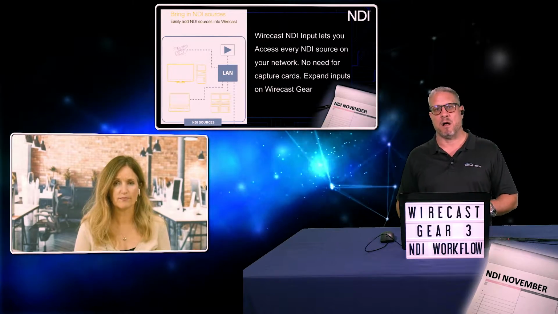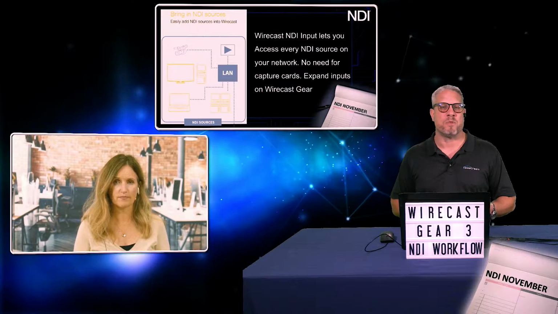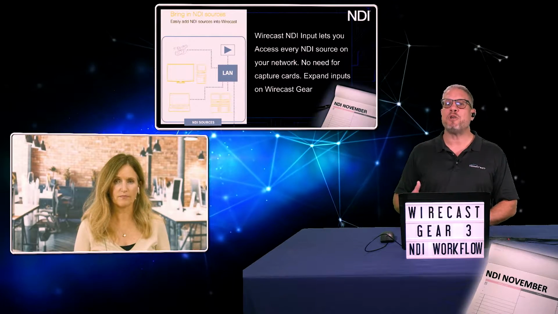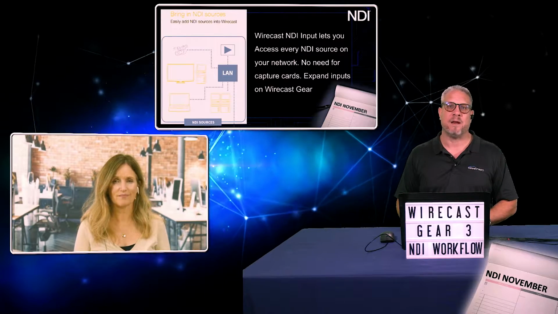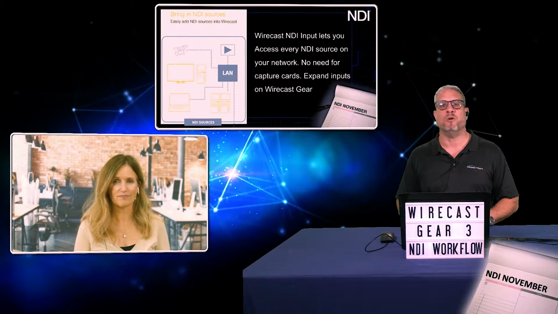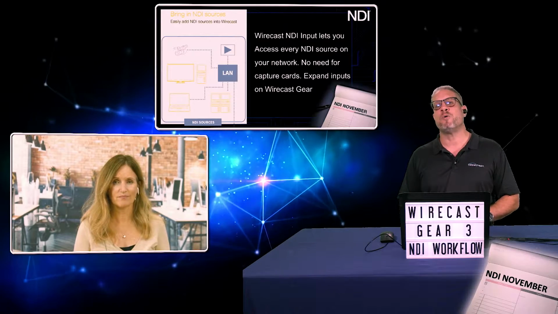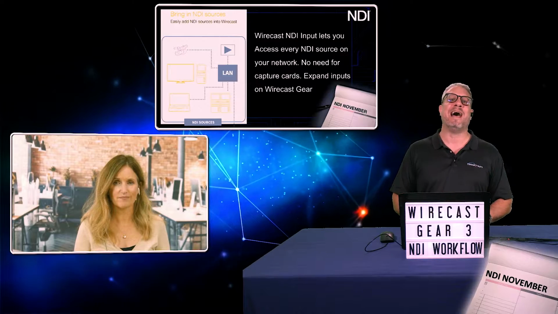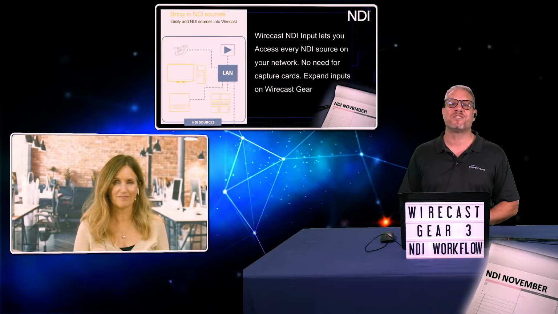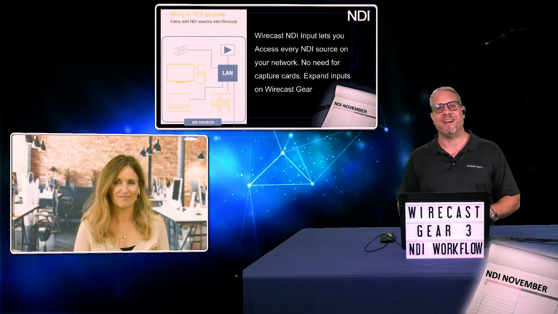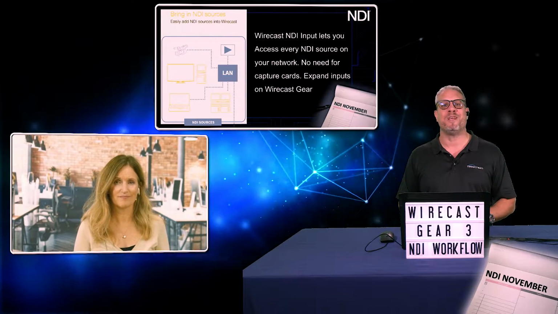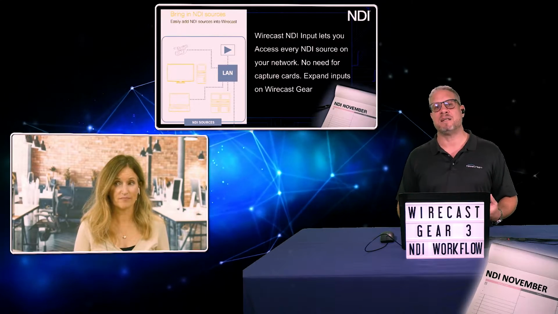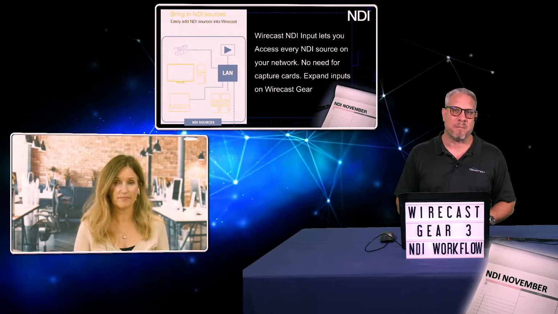The better production you're going to put together with multiple sources, cameras, screen shares, now you're going to need to support that with the CPU, with the GPU, with the RAM. If you're going to walk into a house of worship and take the cheapest laptop available, throw the Wirecast software on, and it's running, and now you bring in 1 camera, you might be okay. You start bringing in 2, 3, 4, you're going to need to process that. So you do have to keep that in mind.